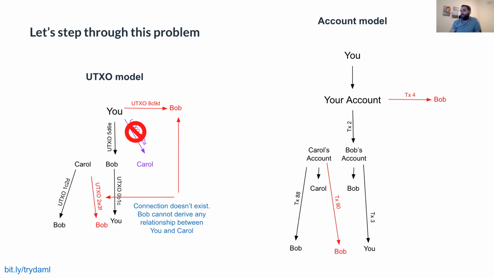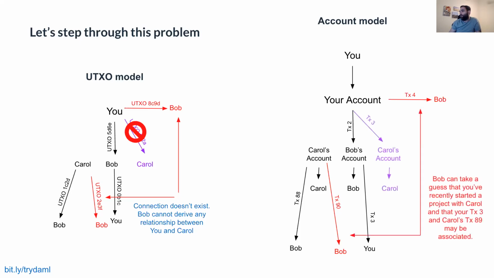And the last transaction he did with Carol's account, which I should be saying Carol's account and your account, is transaction 88. So where are the other ones? Where's transaction 3 and where's transaction 89? Bob can take a guess here now and basically say, oh, you might have recently started a project with Carol. And so the fact that each of mine are offset by 1 has leaked a little bit of information to me.